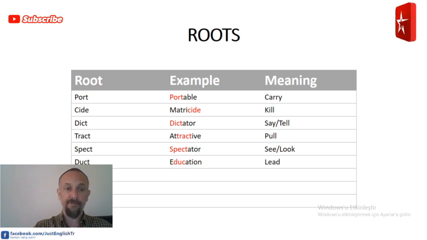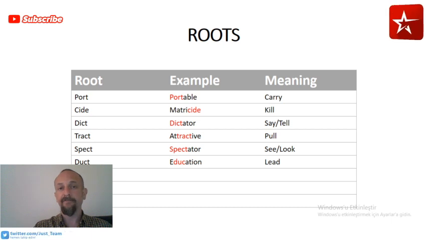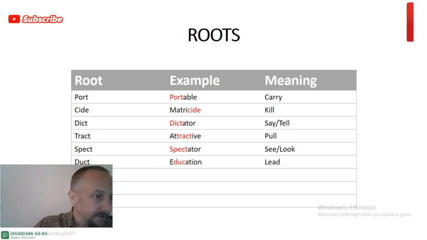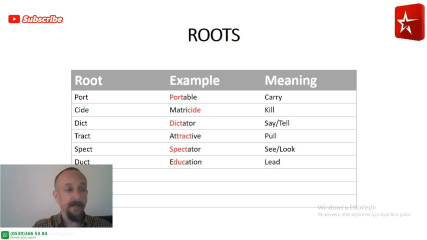Then we saw the root duc, as in education, which means to lead. If you think about the role of a teacher in the classroom, their job is to lead a student from knowing nothing to hopefully knowing something. Yeah, we're going to do that very soon, actually. But before we do that, we're going to have a look at what these pieces actually mean.